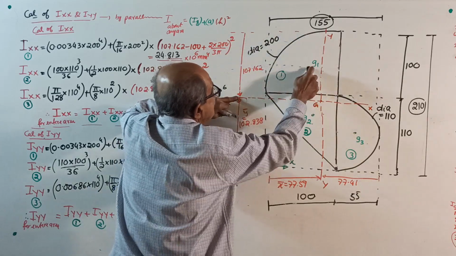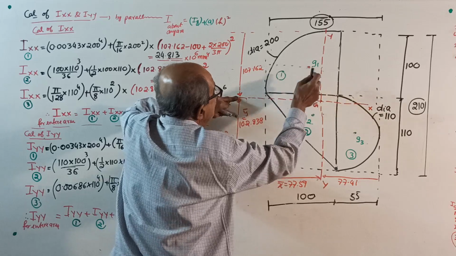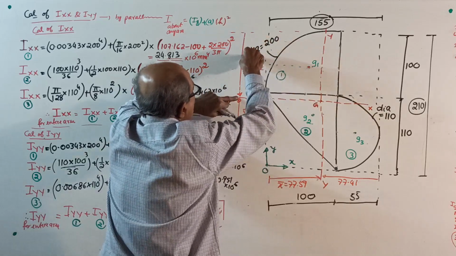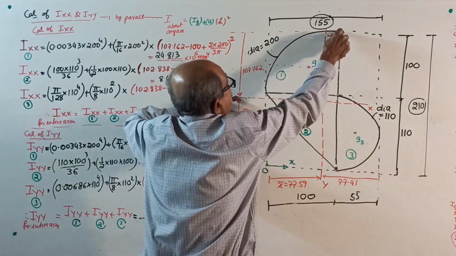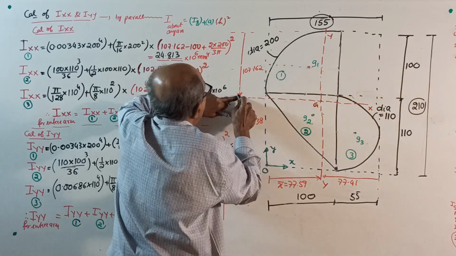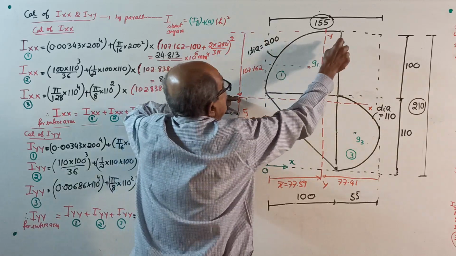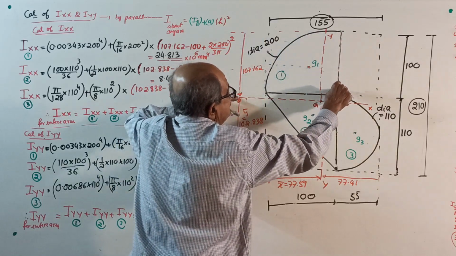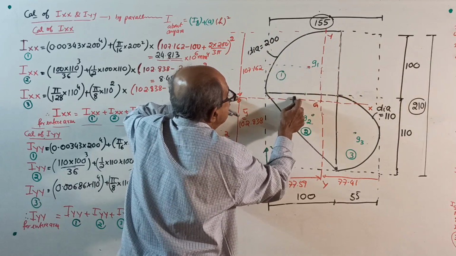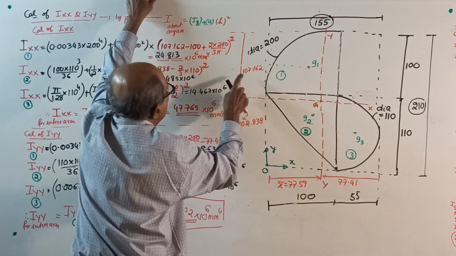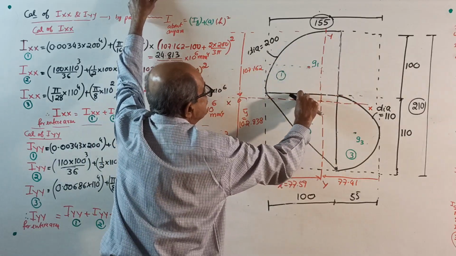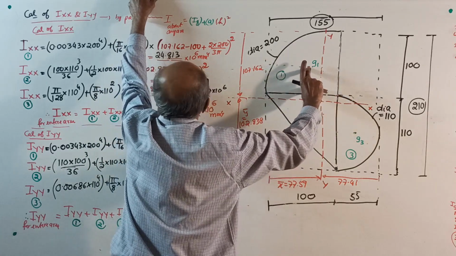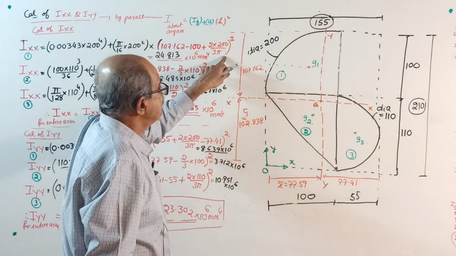But we want this distance square, so from 107.162, subtract this distance. 107.162 minus 100 will give you this distance, then plus this distance, 2d by 3 pi.